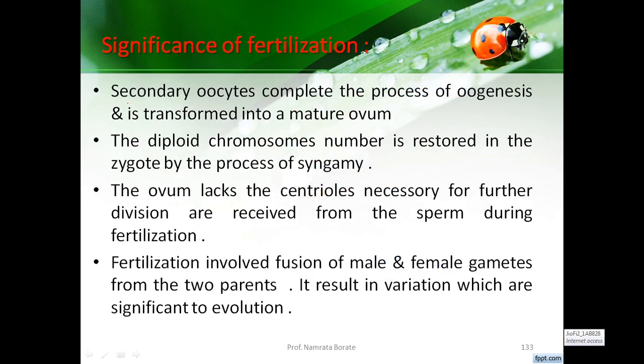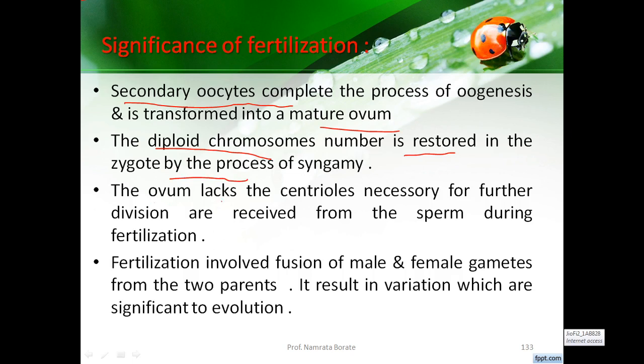The first one is that the secondary oocyte completes the process of oogenesis and is transformed into the mature ovum. The diploid chromosome number is restored. ये जो diploid number के chromosomes है वो restored होते हैं in the zygote by the process called syngamy, that is a fusion of the nuclei.